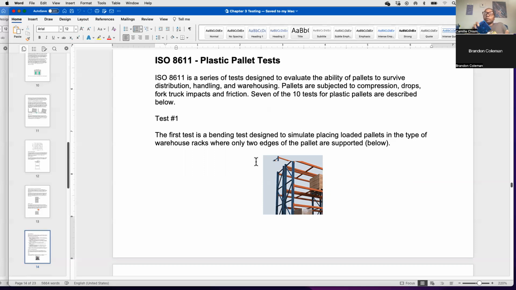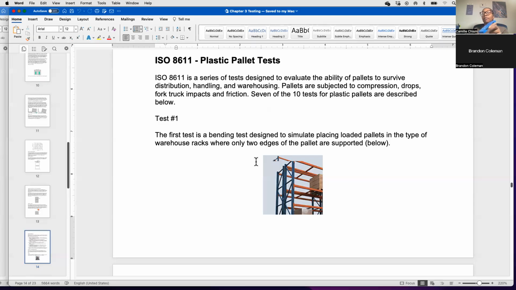And you're looking for not just shipping, the distribution, but handling, with fork trucks. And then the third thing is the warehousing. So, we touched on that a little bit in chapter 2 about how the pallets need to fit on warehouse racking. And it can be an issue for a couple reasons. It could be dangerous if they don't fit right.